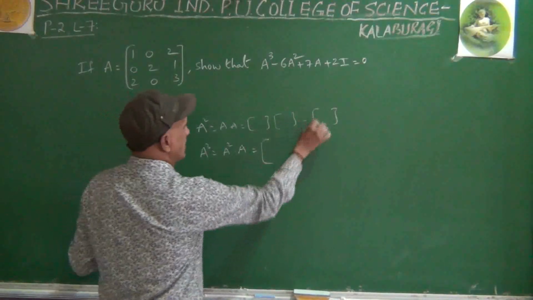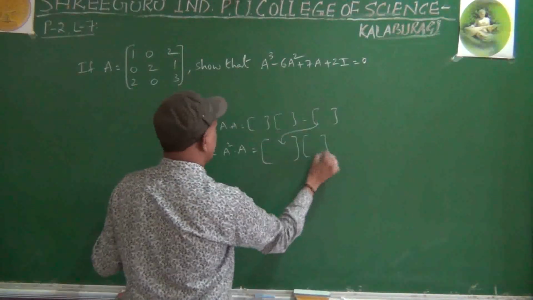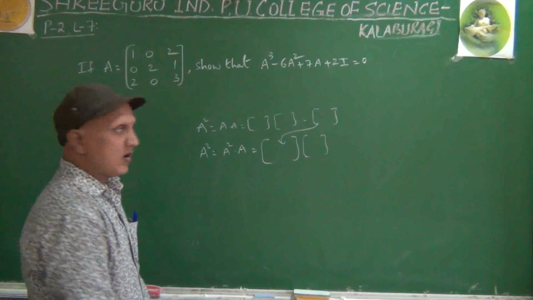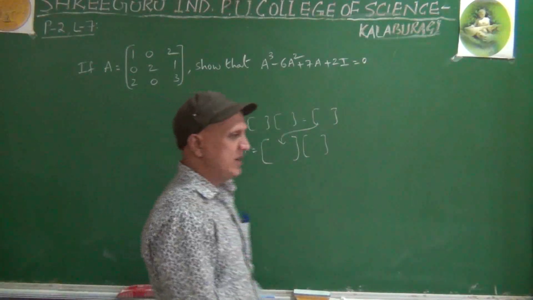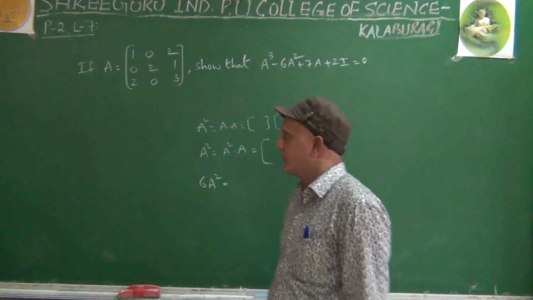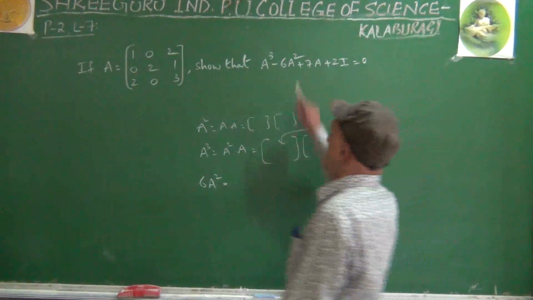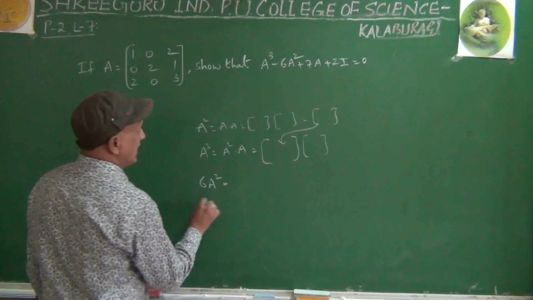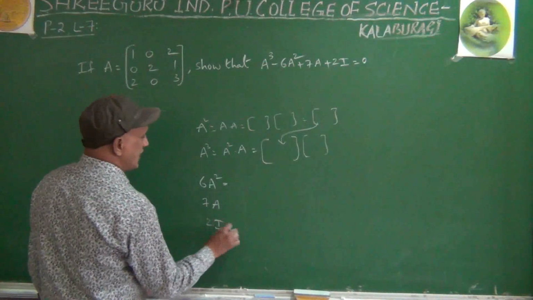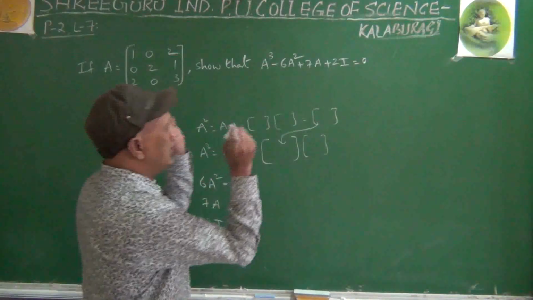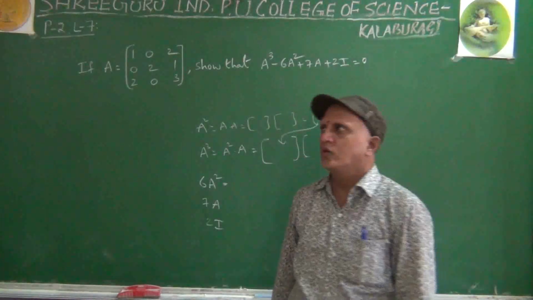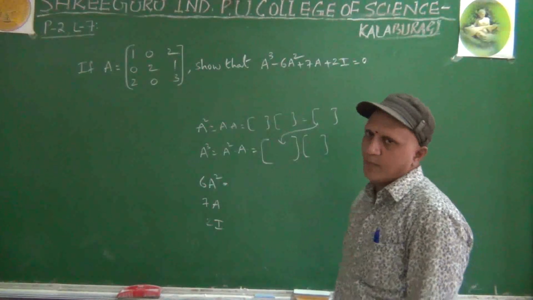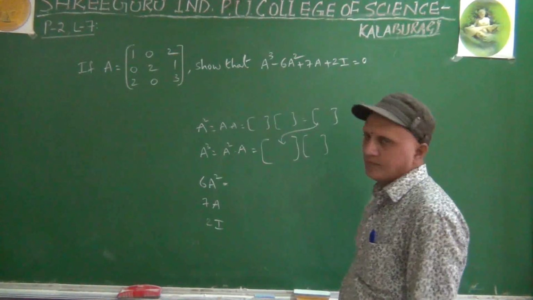A square into A, you will get A cube. Next, 6A square you have to find. Be careful, don't go to find minus 6A square. Don't invite the problems. Next 7A, next 2I. Substitute all values in that. You should get the answer 0.